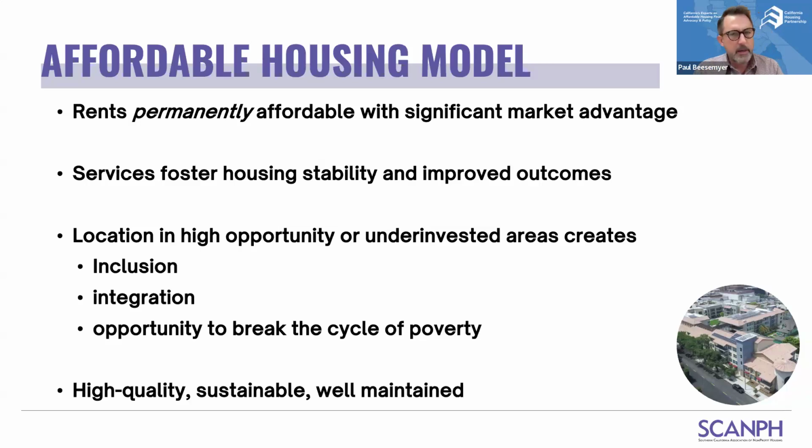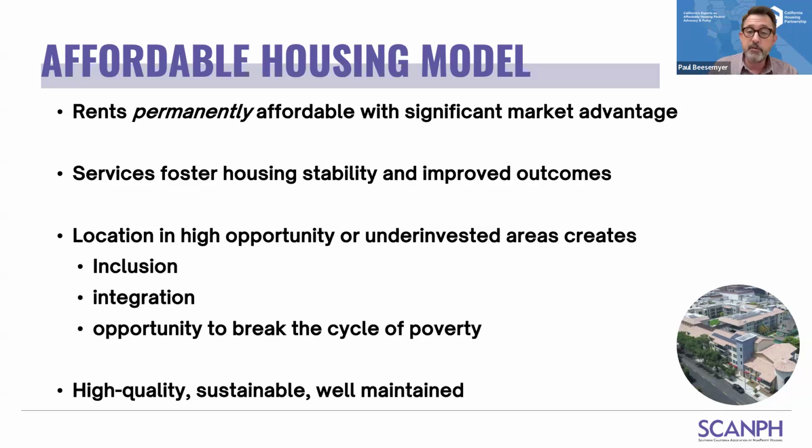Another thing that's fairly common in affordable housing is locations that may be different than the kind of location decisions that you would see market rate developers make. Often, affordable housing will be located in areas that offer very high opportunity, that is, very good educational outcomes for elementary and high school students.